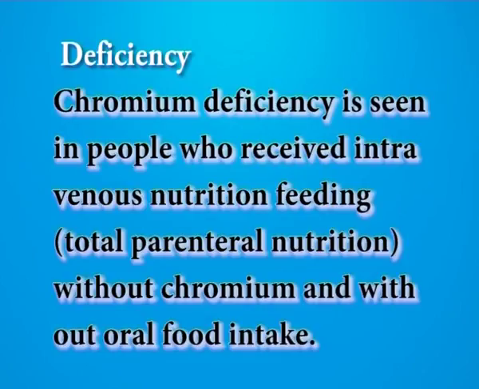Next is deficiency. Chromium deficiency is seen in people who received intravenous nutrition feeding without chromium and without oral food intake. Signs and symptoms of deficiency include weight loss, peripheral neuropathy, elevated plasma glucose concentrations or impaired glucose use and high plasma free fatty acid concentrations.